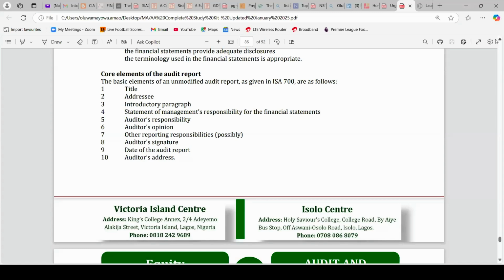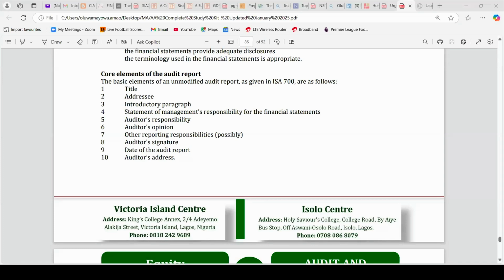Now, I have past questions that speak to this topic, the topic we just finished. So I'll be dropping them on the WhatsApp group. But before then, if you have your note, just take them down. The past questions for this topic are: get your Pathfinder November 2021, November 2022, May 2023, and May 2024.